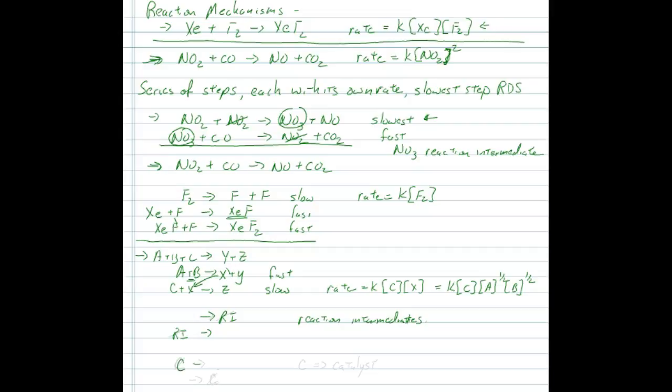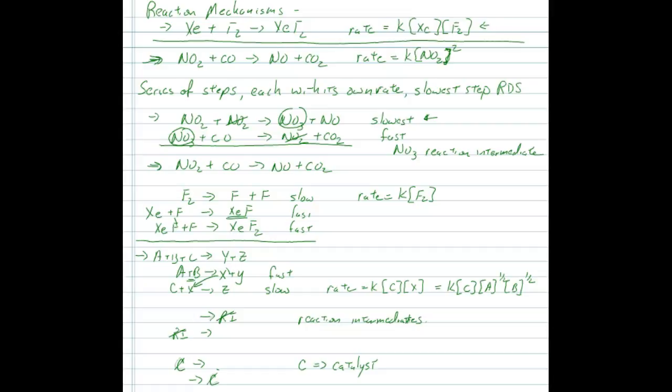If you have something that's there originally but is reproduced in the end, this is a catalyst. A catalyst might be used in the reaction, but then it is also produced, so if you cancel them out, both the reaction intermediate and the catalyst cancel out.